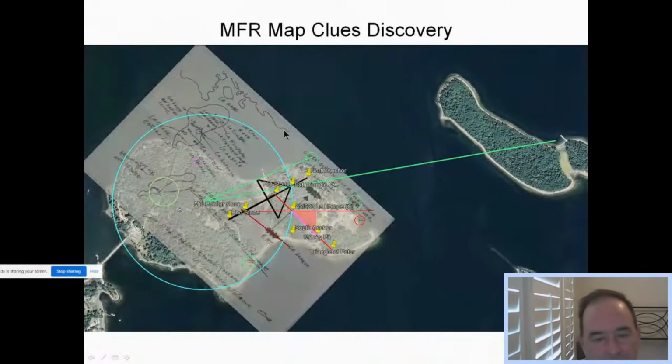Now this is what Oliver and I call the MFR Clues of Discovery. When we discovered the 1347 scale, these are basically the clues that set up this scale that is on this line right here. It's in my last video, where I explained this completely.